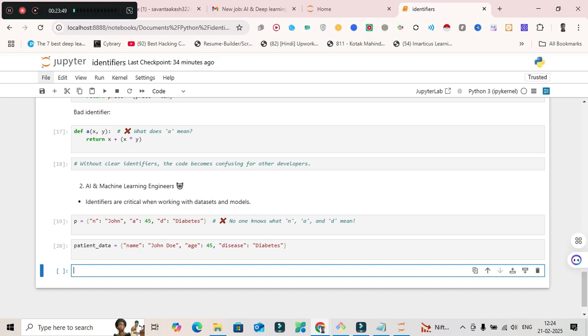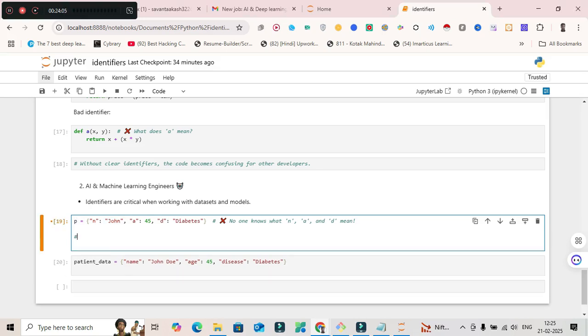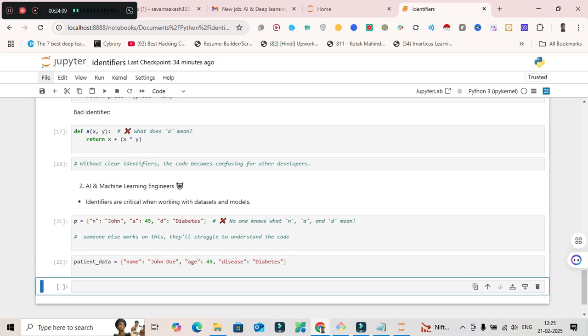If someone else works this way, they will struggle to understand the code, correct? If you are writing this way, someone else working on this project will also face a problem here.